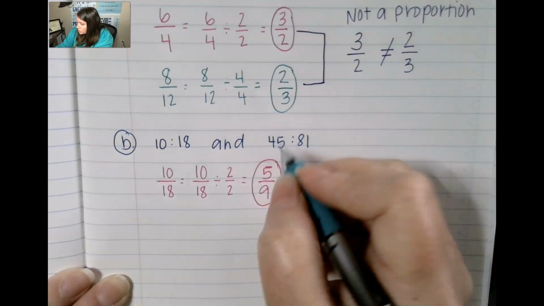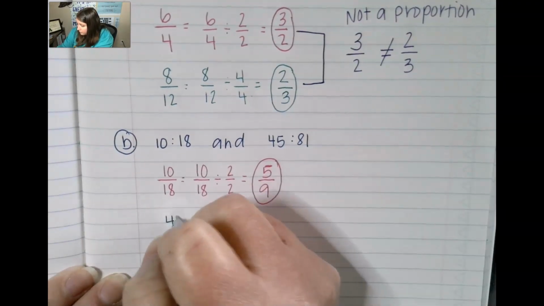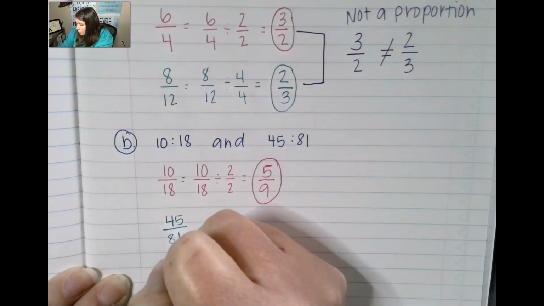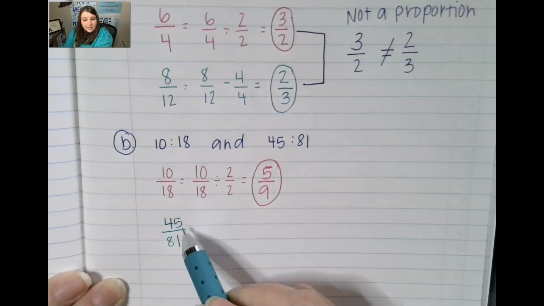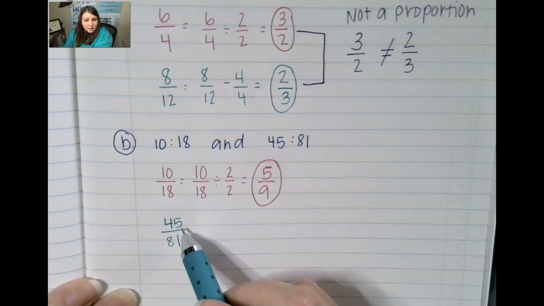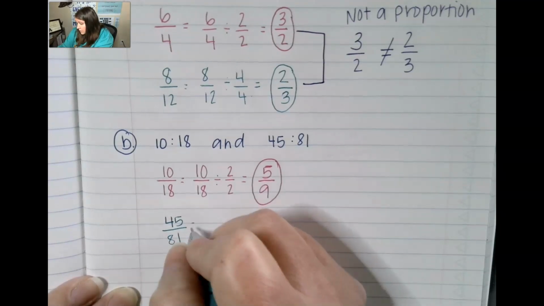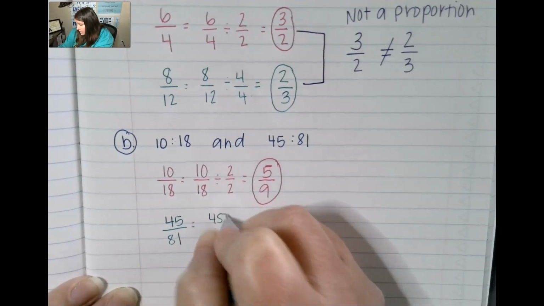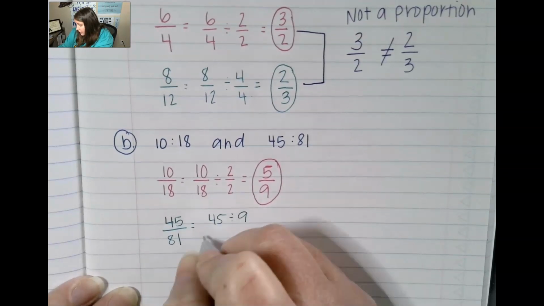My second ratio right here is 45 over 81. When I look at this, I see 9. I know that 9 can go into 81, and I know that 9 can go into 45. So I'm just going to divide both of these by 9.